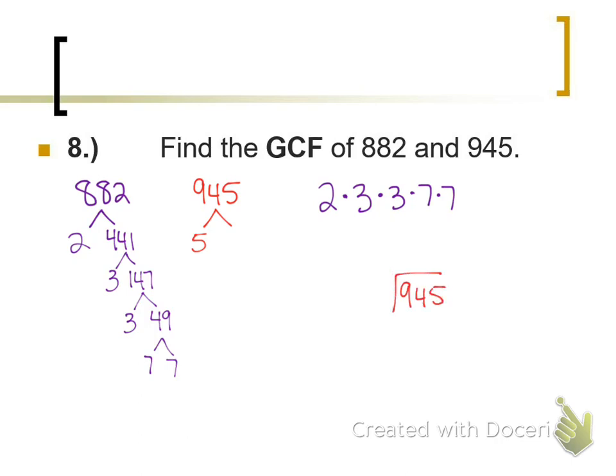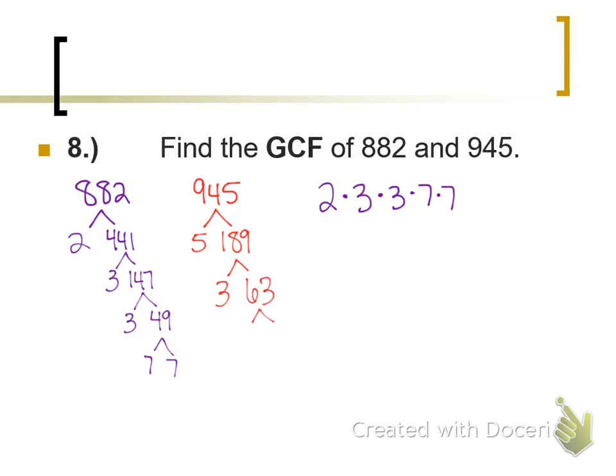What is it? That sounds about right. 189. 189 is divisible by 3, yes. We divide 189 by 3, what do we get? Very good. 63 is not prime.